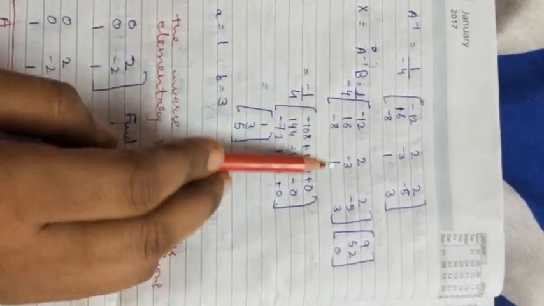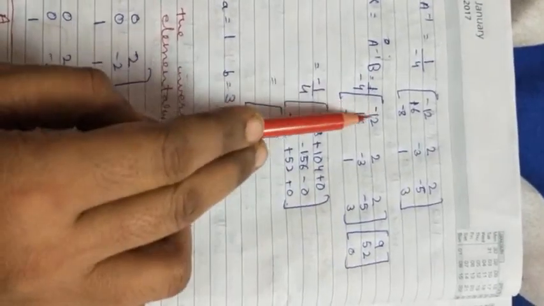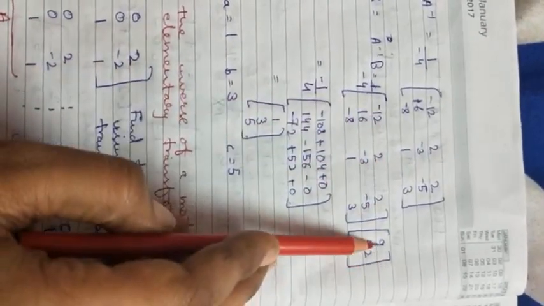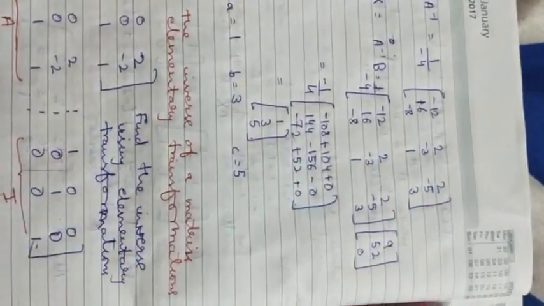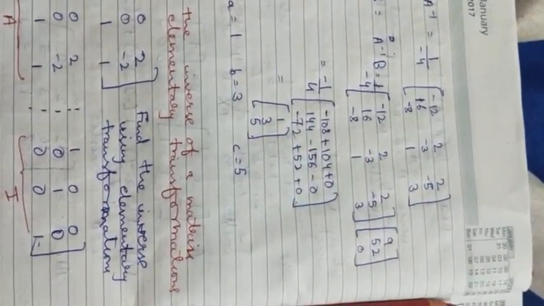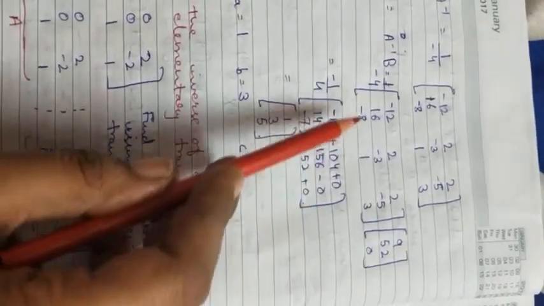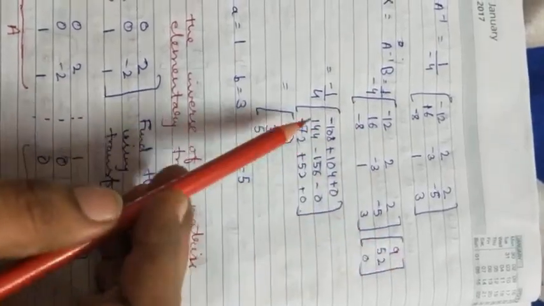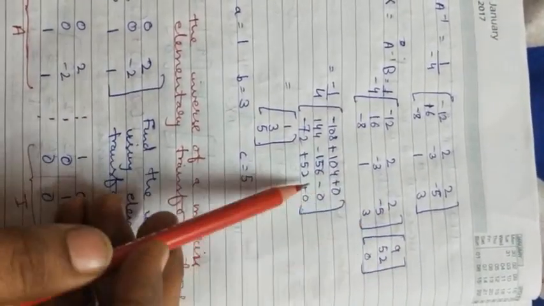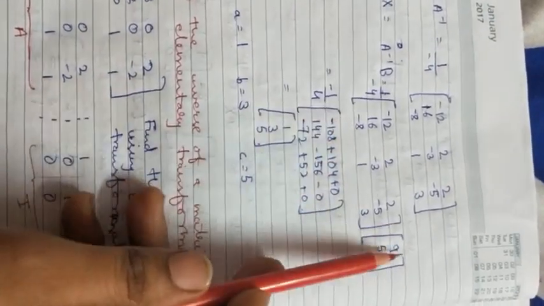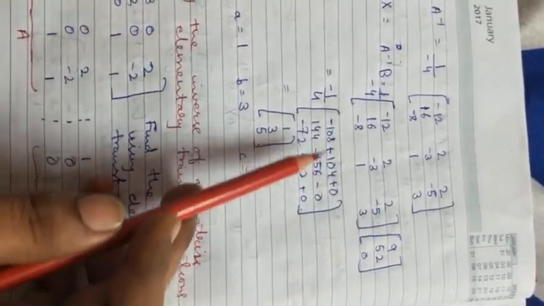So A inverse, I've got this part and B was this. If we multiply minus 12 into 9, that's minus 108, plus 2 into 52, plus 2 into 0. 16 into 9, minus 3 into 52, minus 5 into 0, minus 8 into 9, 1 into 52, 3 into 0.